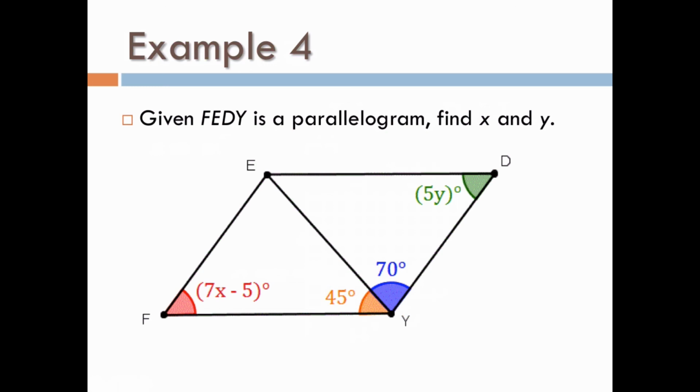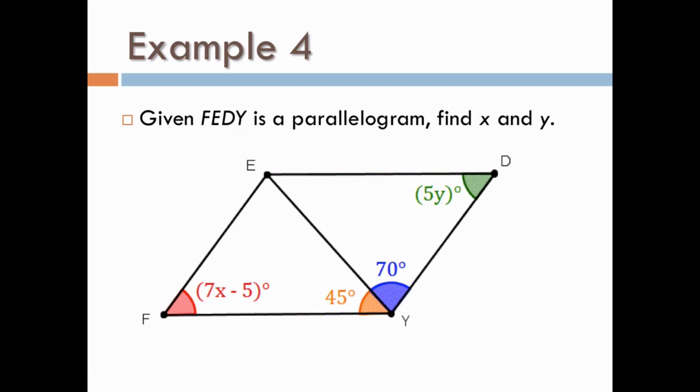I added 45 and 70 to get 115, and then I subtracted that from 180 to find angle D. Yes, these two are consecutive interior angles, good. And then 180 minus 115 is 65, and I divided that by 5 to get 13.